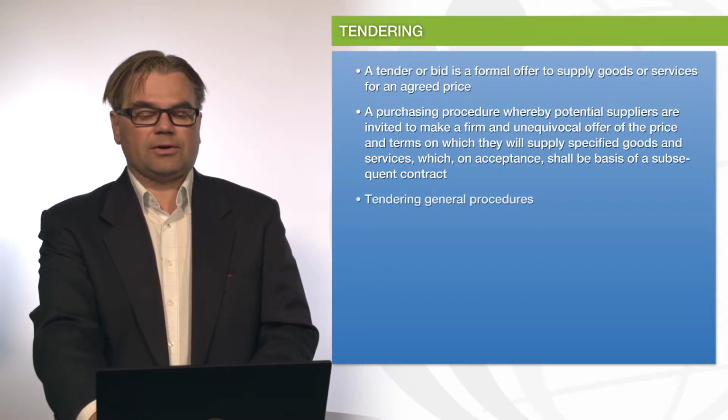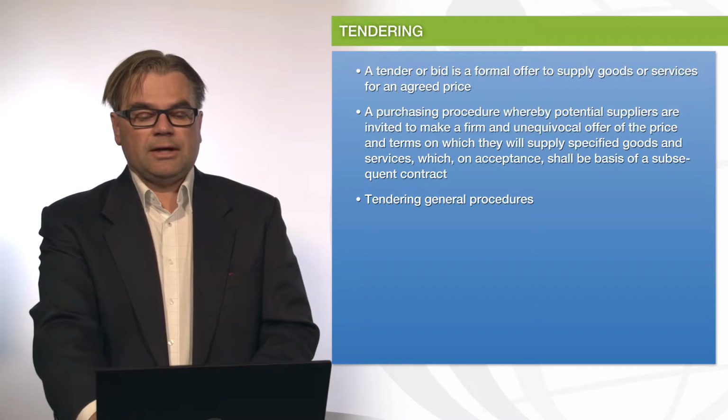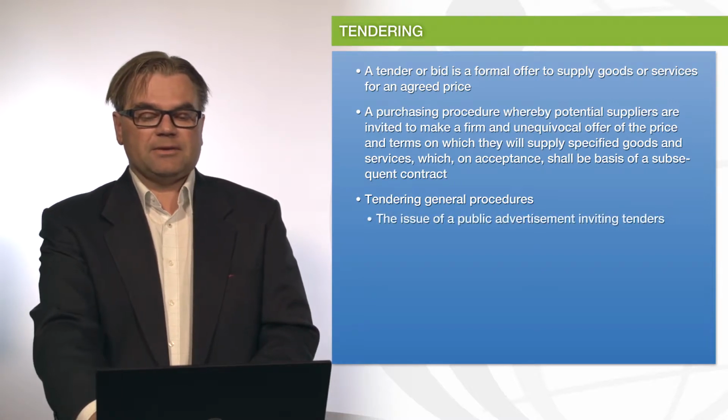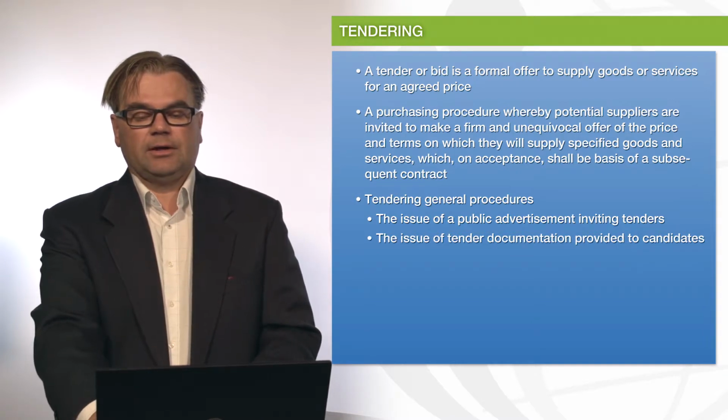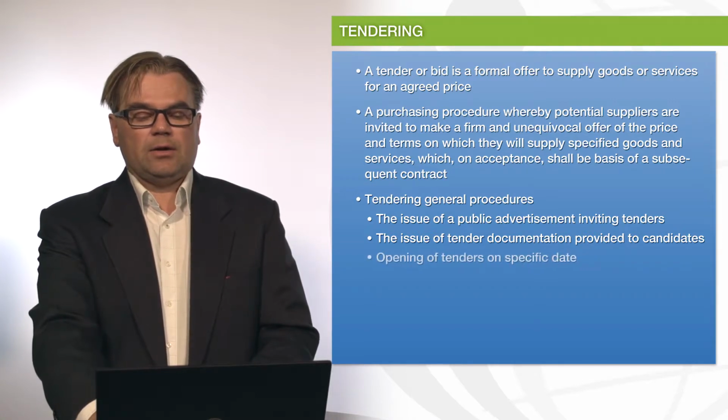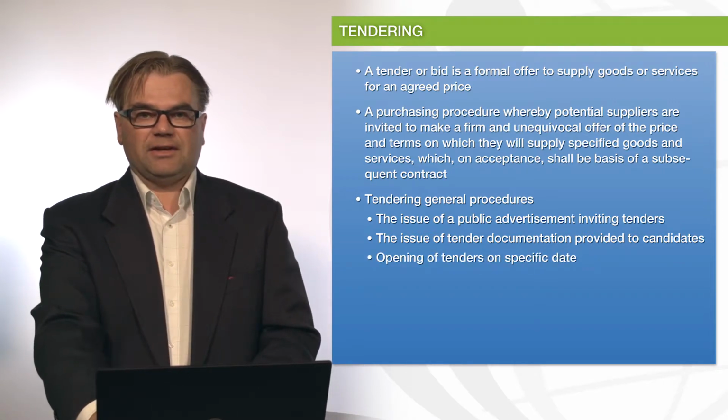The procedure for tendering involves at least four elements. The issue of public advertisement inviting tenders, then issue of tender documentation provided to candidates. Here the procurement specification, supply qualifications and possible selection criteria are provided. Then follows the opening of tenders on a specific date.